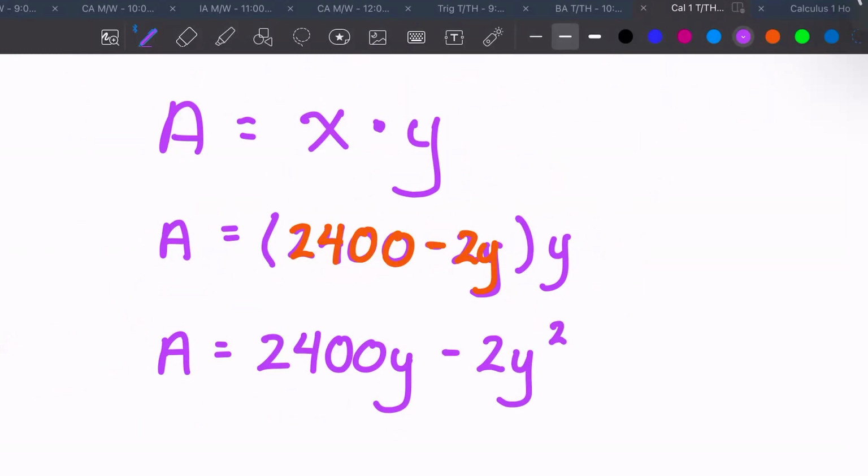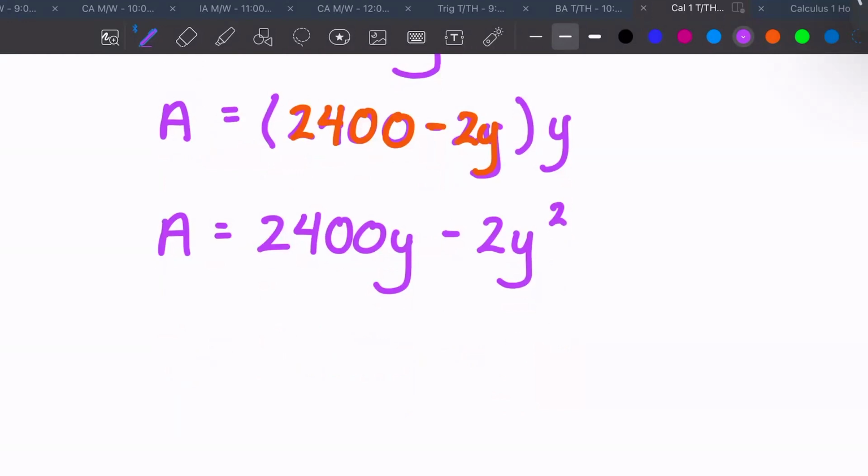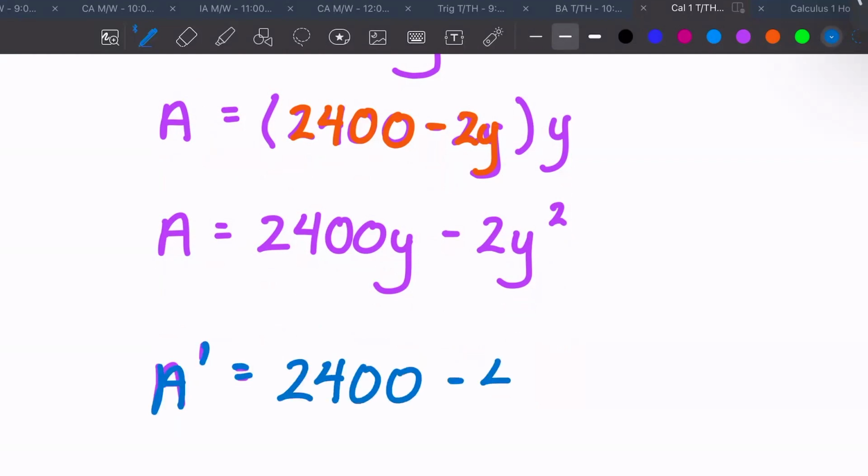Okay, that was your third step: write an equation for the expression in step 2 and write this equation as a function of one variable using the other facts. That's what we did, okay? Now we need to optimize it. So that means we're going to take the derivative. That would be 2,400 minus 4y.